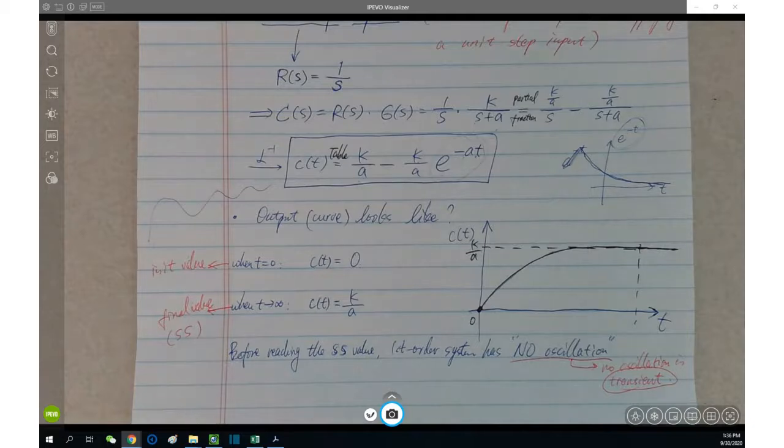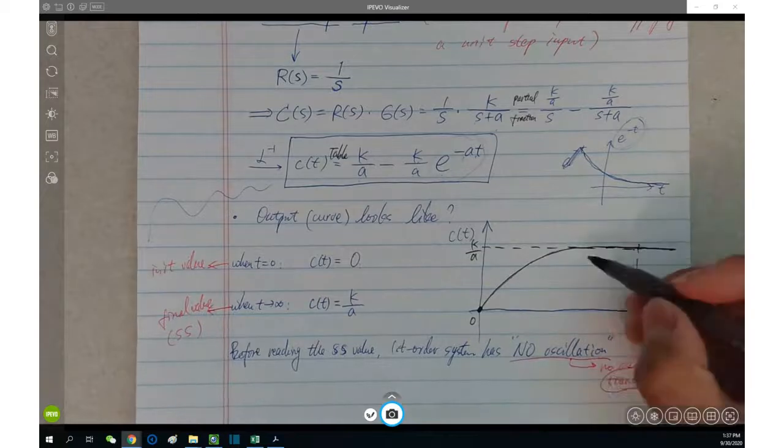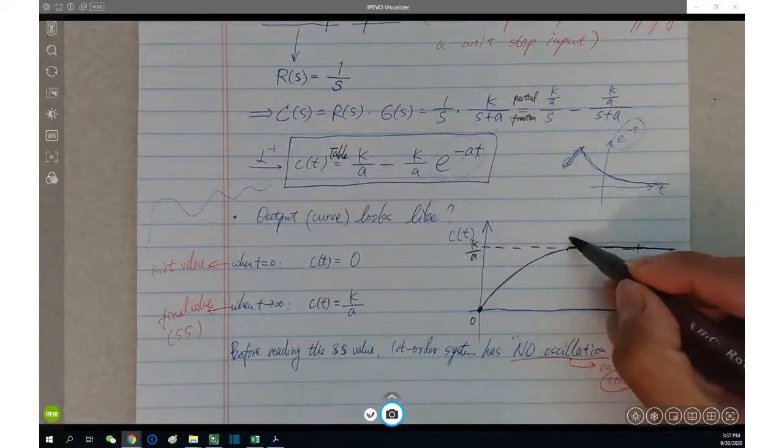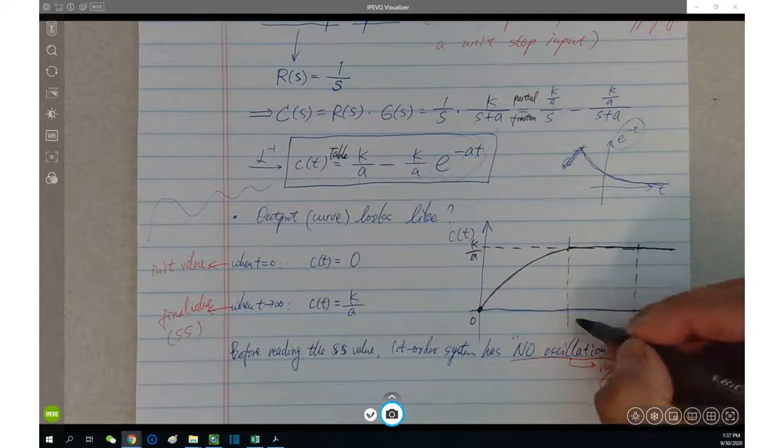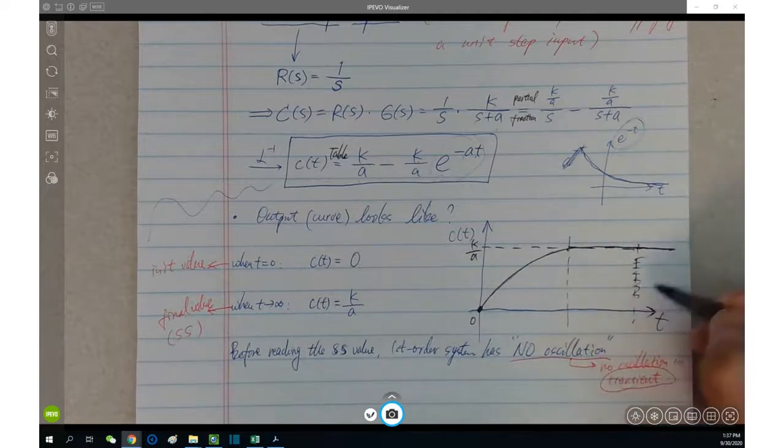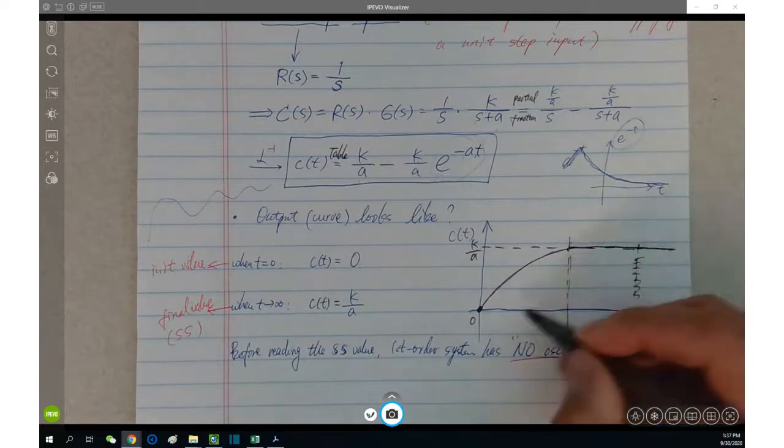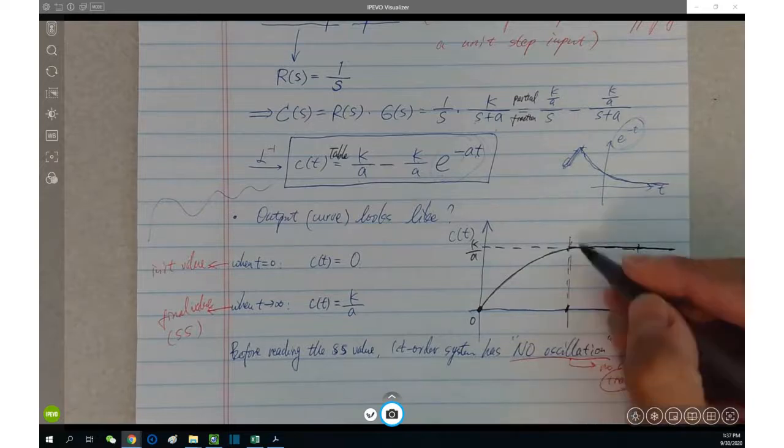So this is just a rough curve. Okay, but based on what we have now, we can only reach here. And of course, at certain moments, at about this moment, you're reaching the steady state.